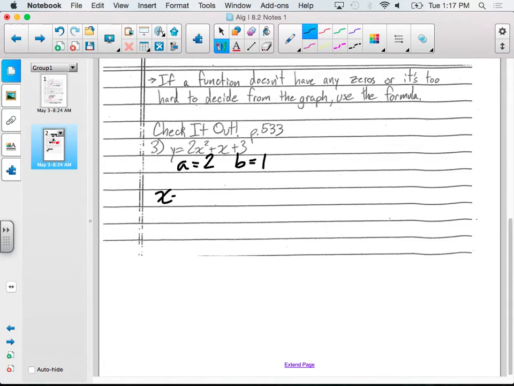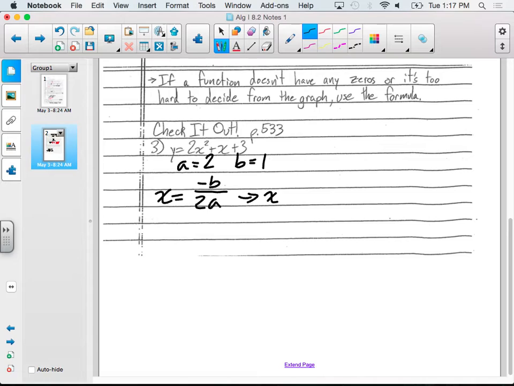Alright, so the formula to find the axis of symmetry is negative b over 2a. So this is a general look for it. Then we just substitute in our a and b.